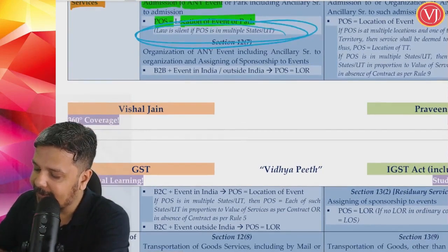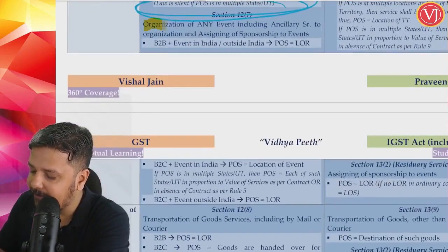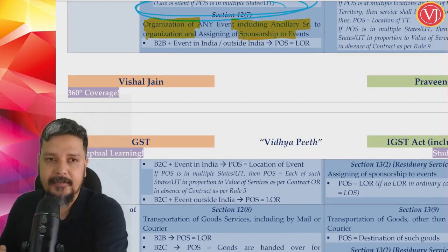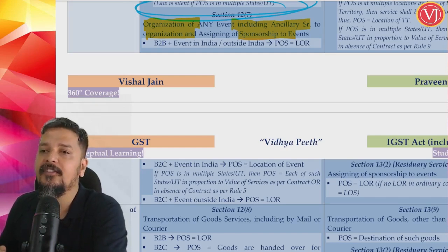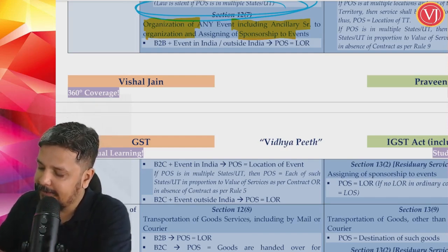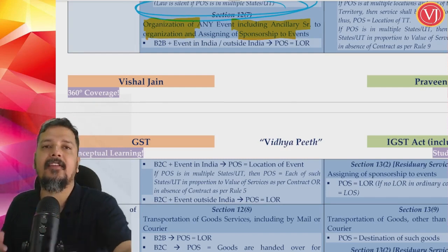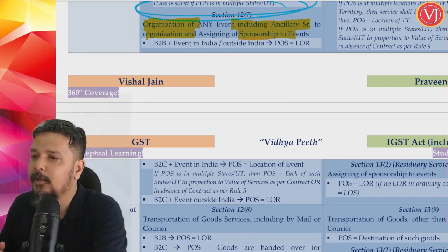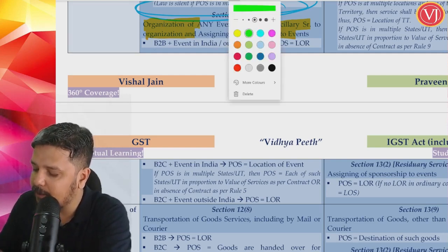There may be another category where you are talking about organization of any event, including ancillary services to organization, including even sponsorship service to an event. Then see, in section 12, there are places where they categorize as B2B, B2C, and there are places where they don't. So here they categorize it as B2B, B2C.